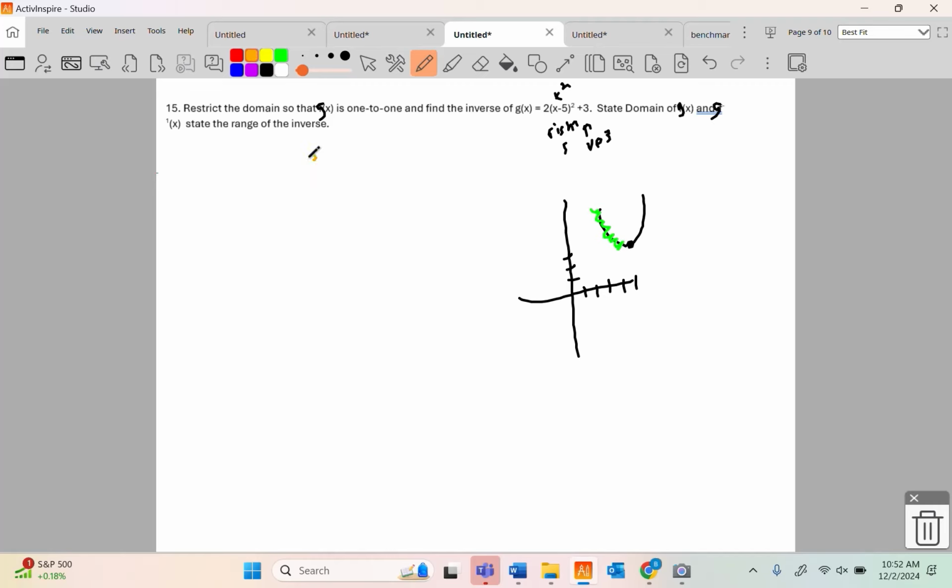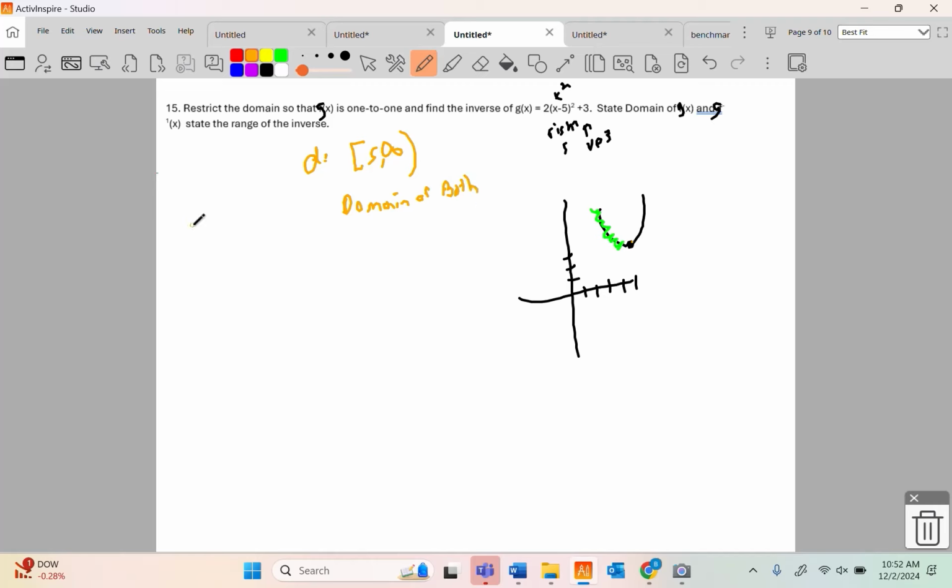So my domain is from 5 to infinity. And that's going to be the domain of both pieces, because in order to write the inverse, this has to be true. So it is the domain of both. It's just the way it works.